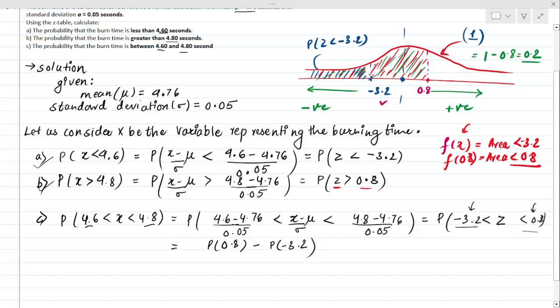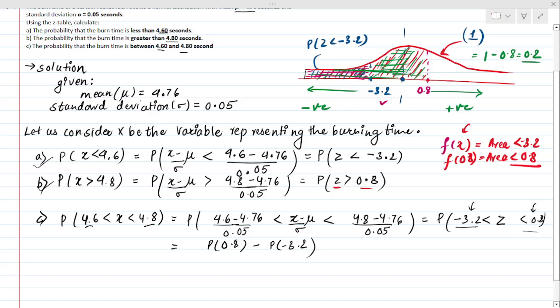So we get all this area, and then we again get this area. For -3.2 we have already covered this area, and for 0.8 we have covered this whole area.